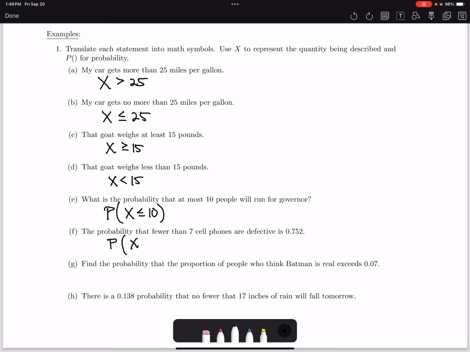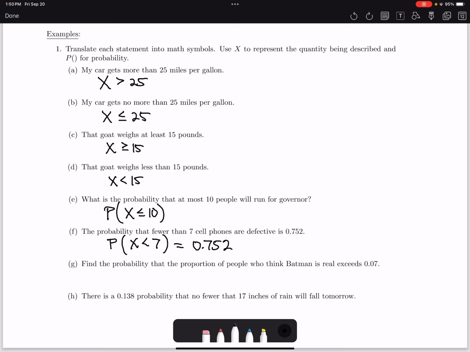We want to know the probability that X is less than 7, and we're told that the answer is 0.752. So that's how we would translate that statement into math.